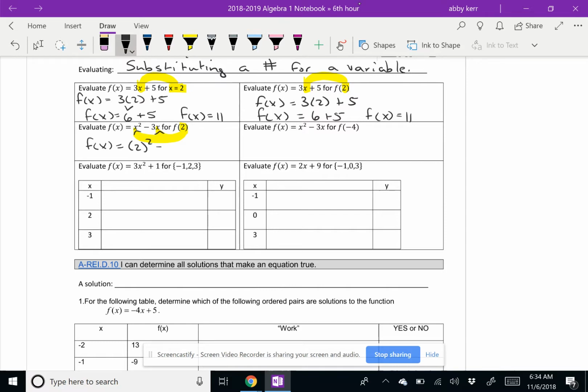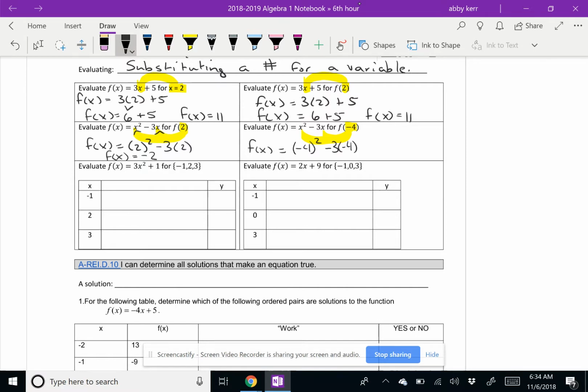Now notice I put the square on the outside of the parentheses. That's very important. So 2 squared is 4 minus 6. You're going to get f of x equals negative 2. Now whenever you deal with a negative number, I know I put the numbers in parentheses no matter what, but it is very crucial for you to put the negative 4 inside parentheses because we are squaring it.